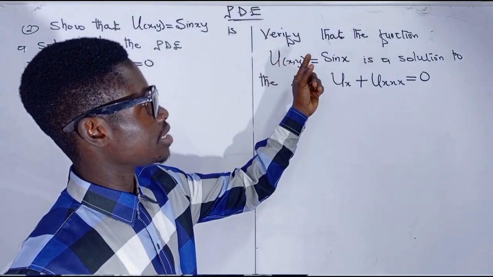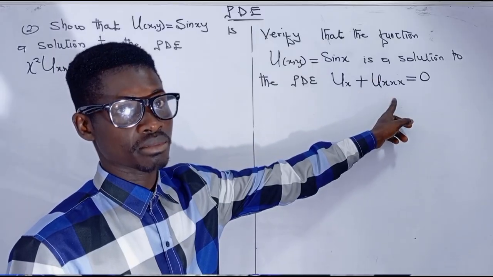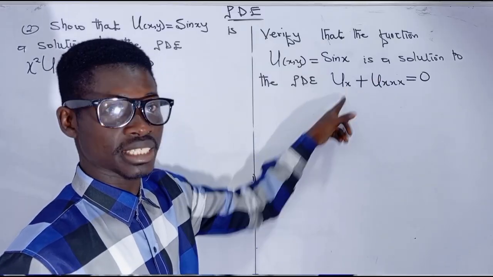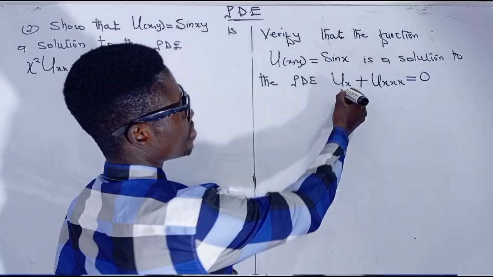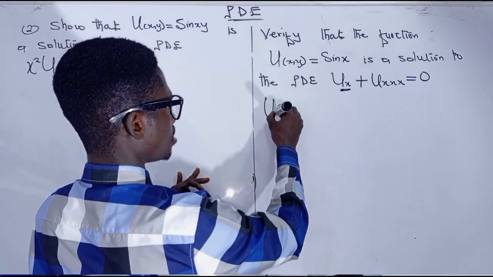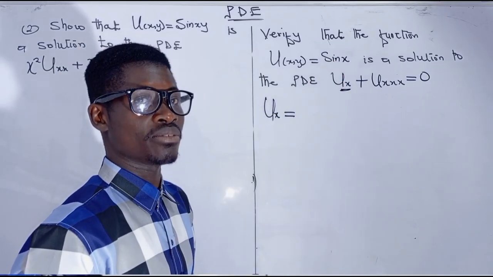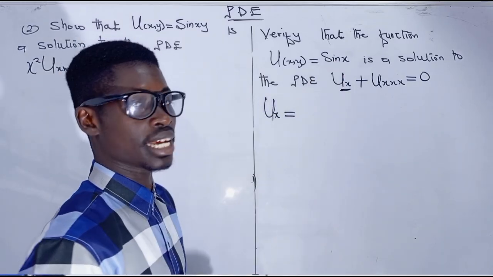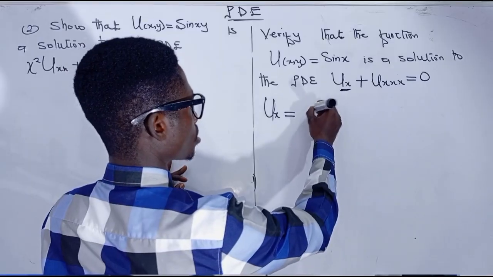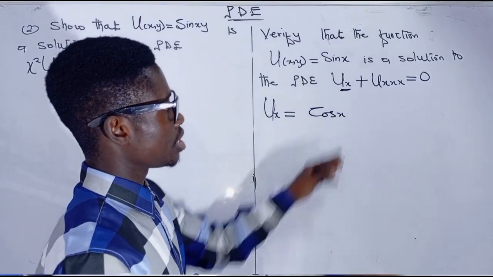We want to verify that the function sine x is a solution to this PDE. First, we find the first partial derivative of the function with respect to x. So we have our ux. Our function is sine x, and whenever we differentiate sine x, we get cos x. Very easy.